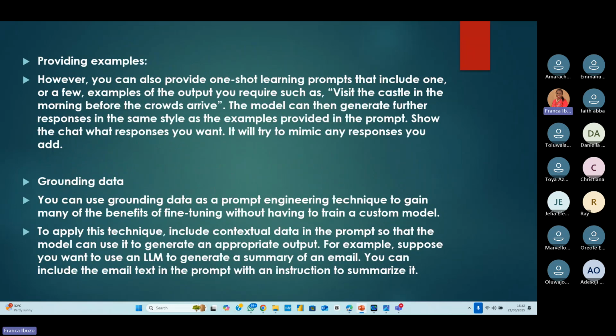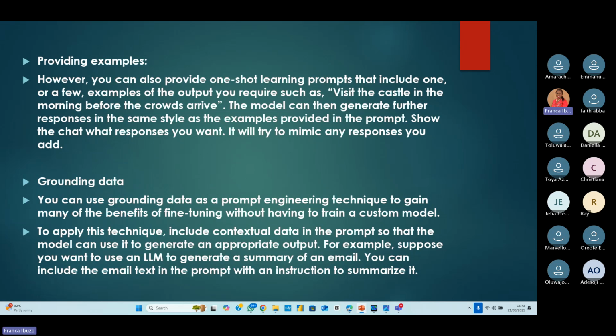So, providing examples. However, you can also provide one-shot learning prompts that include one or a few examples of the output you require, such as "visit the castle in the morning before the crowds arrive." The model can then generate further responses in the same style as the example provided in the prompt.